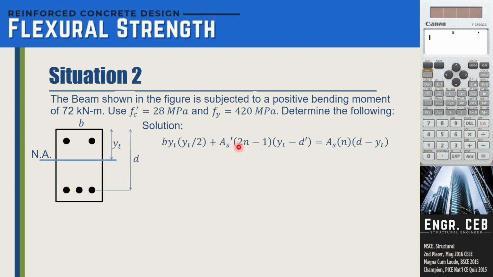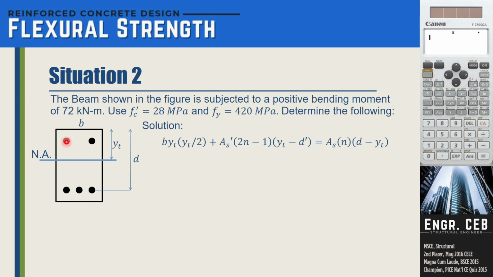That is why we are multiplying the modular ratio of the compression reinforcement by 2. It is stronger by twice the strength of the tension reinforcement. And then we have minus 1 again to account for the effect of the displaced concrete.